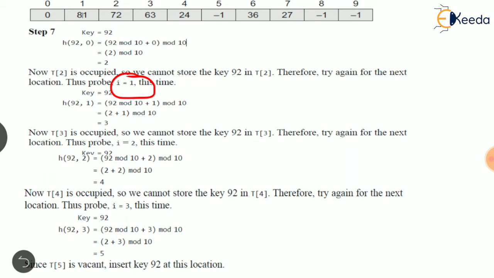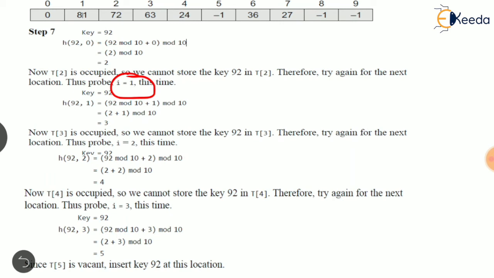Now again the probe number is incremented by 1, that is 3. Now this time key is equal to 92. h(92, 3), that is, we get the answer 5. Now in the hash table we see that T[5] is vacant. It is not occupied by any key value. So now there is a chance to add 92 at the 5th position.